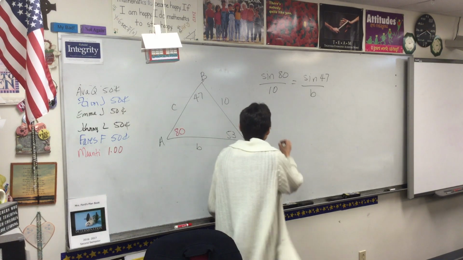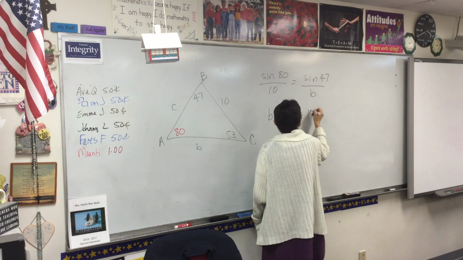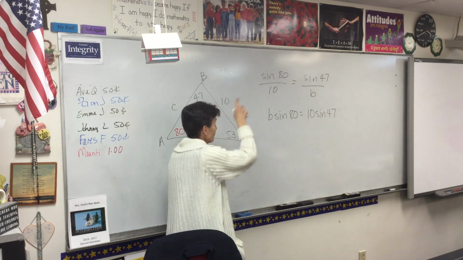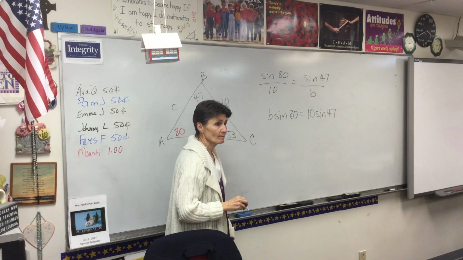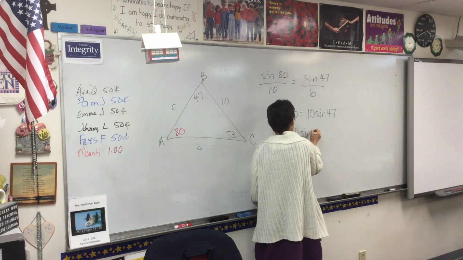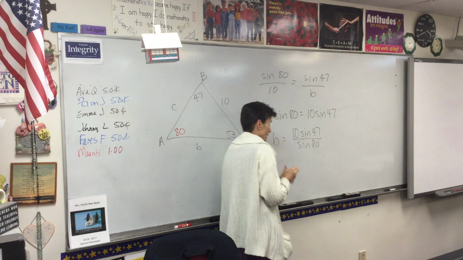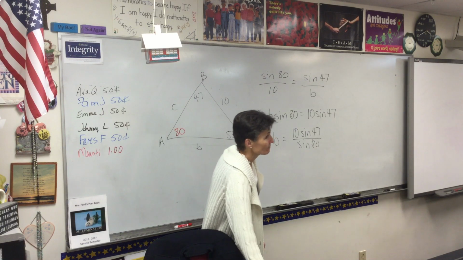Okay, so B sine 80 equals 10 sine 47. That's just straight cross multiply. Now what am I solving for? B. So B is going to equal 10 sine 47 over sine 80. Now, am I going to use second sine?